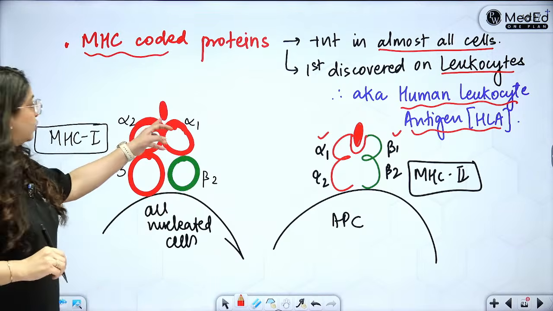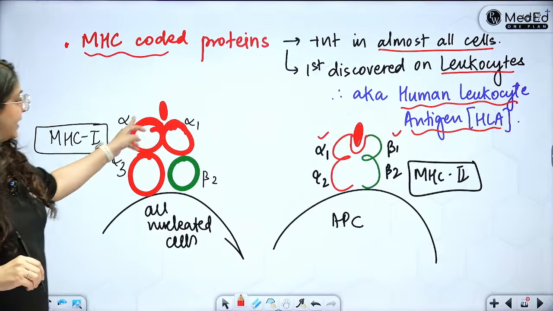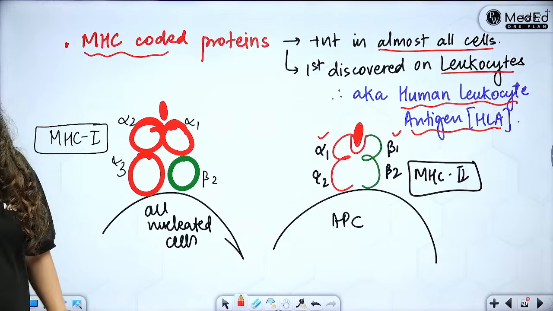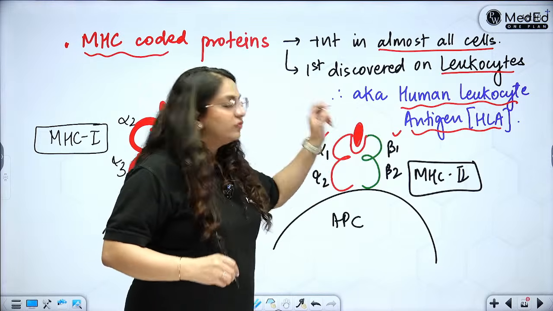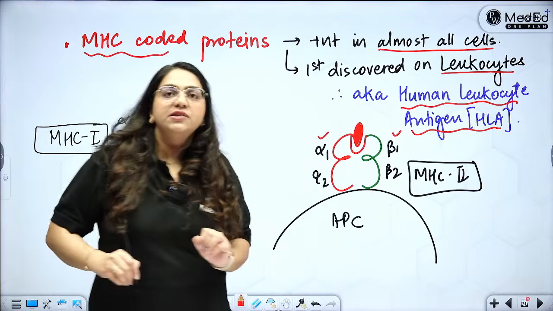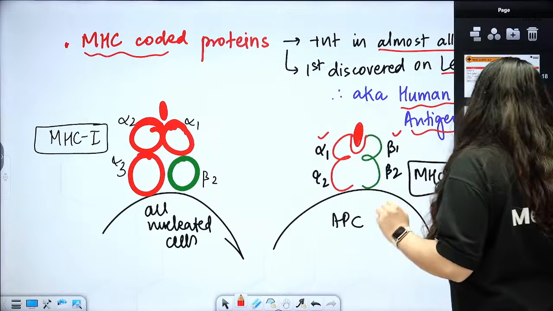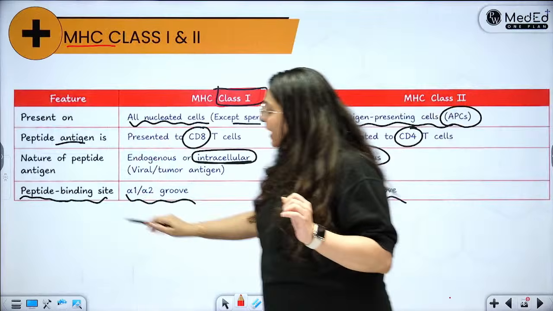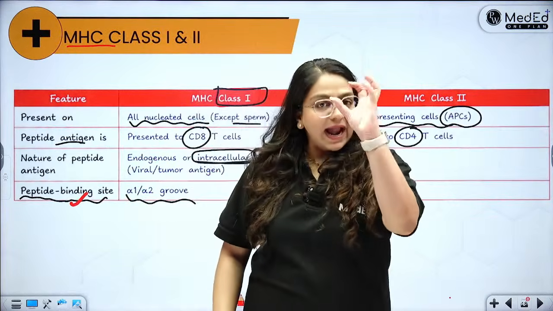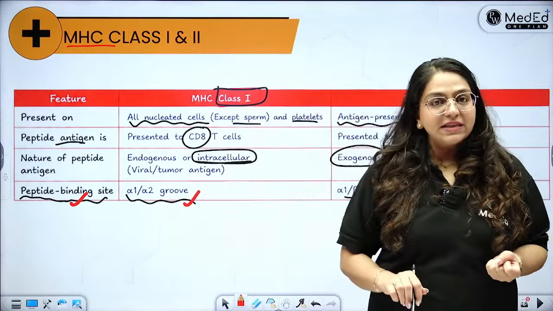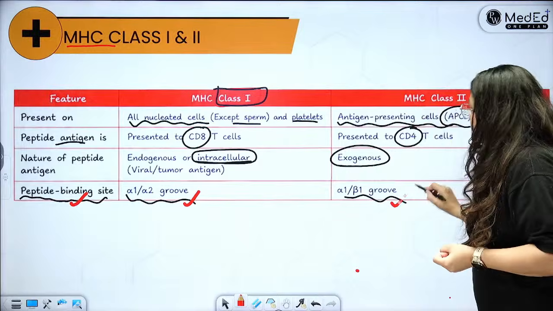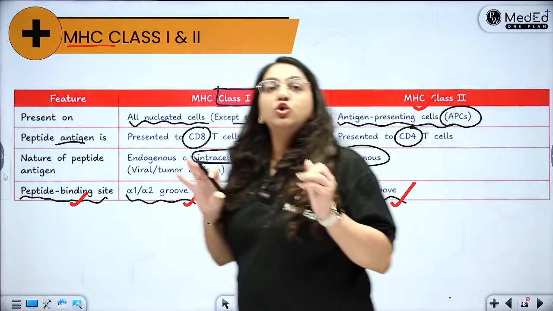So what is the groove of MHC1? Alpha 1 alpha 2 groove is where the antigen sits. And in MHC2, alpha 1 beta 1 groove is where the antigen sits, right? So what was the last point of difference? That the peptide binding site, meaning antigen binding site, is the alpha 1 alpha 2 groove in MHC class 1, and it is the alpha 1 beta 1 groove in MHC class 2.